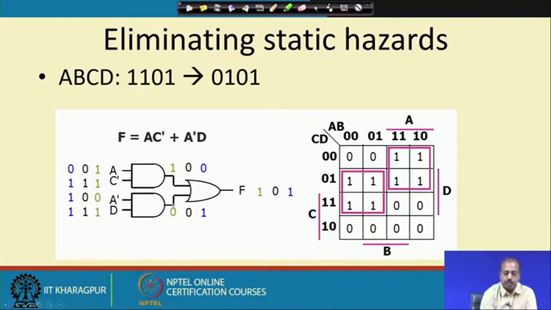So, you get 1 and 0 here, and accordingly the output is 1. Now, it is changing to 0101, but A changes and it takes some time for A bar to change. As a result, you may find that it will produce a 0 in between. That 0 has to be avoided.